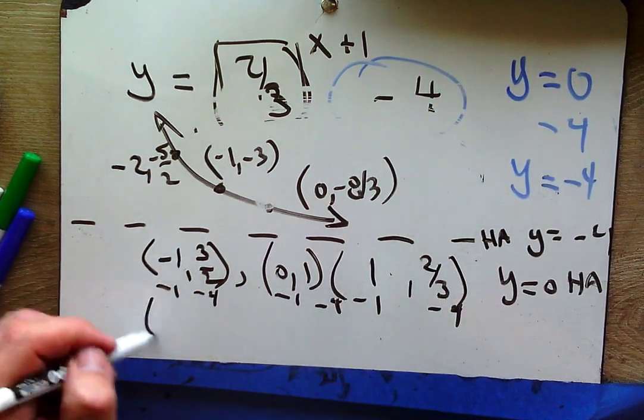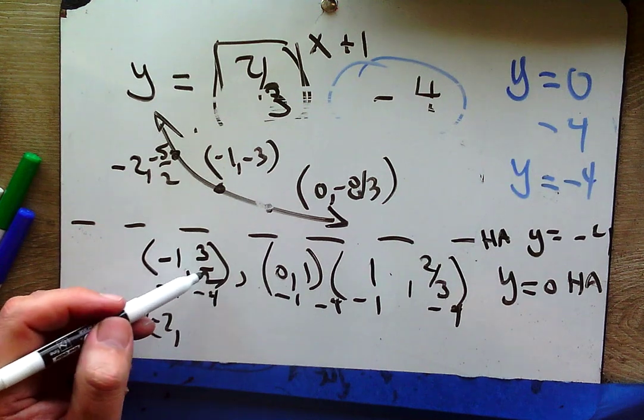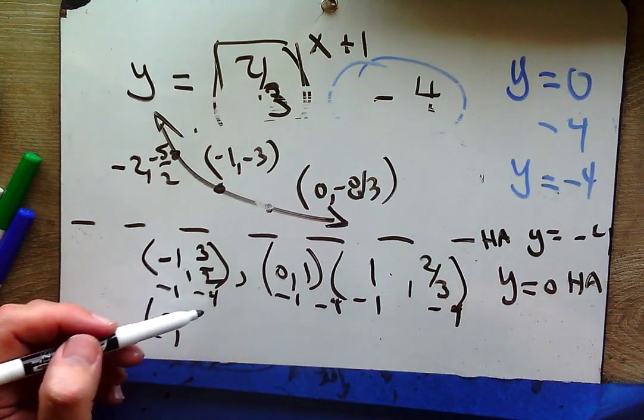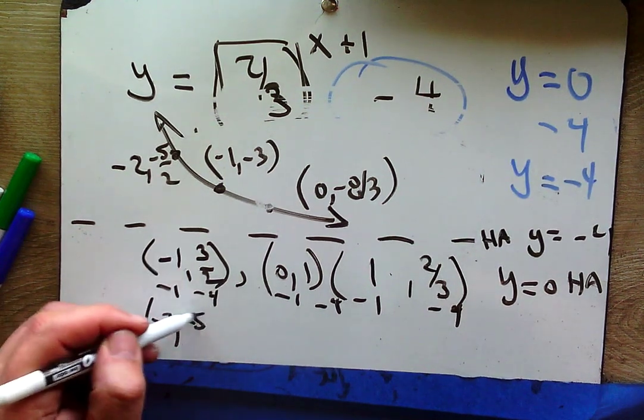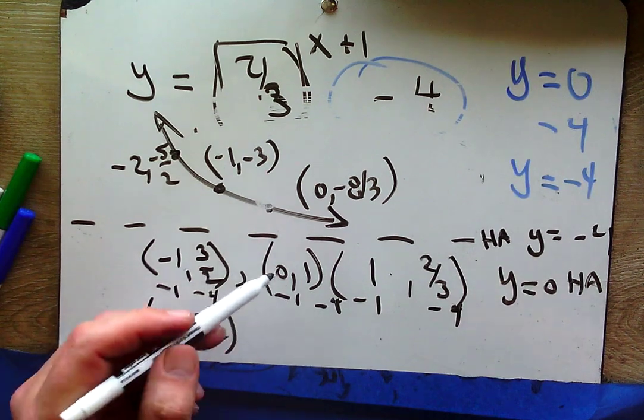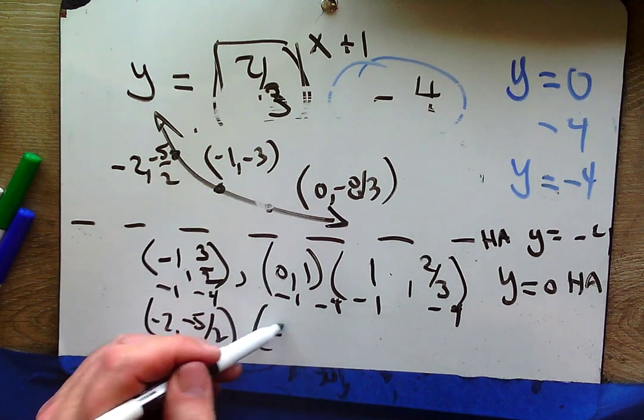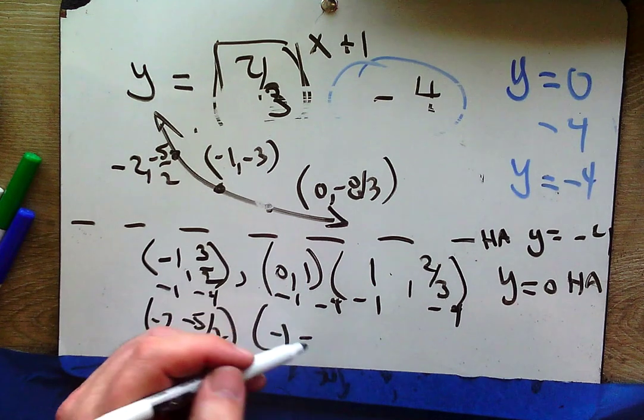So here I'm going to get negative 2, 3 halves minus 8 halves is negative 5 halves. Okay, I'm going to subtract 1, and I'm going to subtract 4.